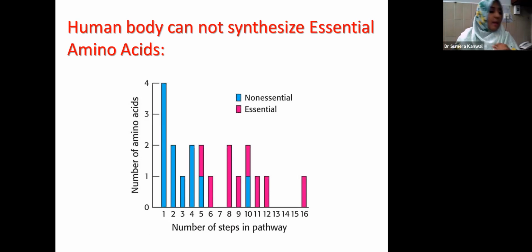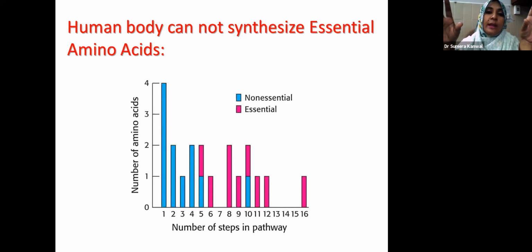So when the synthesis of an amino acid involves multiple steps, it is thought that during the evolution of human beings, some genetic faults, some mutations, occurred in the human body. Because of these mutations, the enzymes of the amino acid synthetic pathways involving more than 8 steps, or more than 5 or 6 steps, became deficient during evolution.